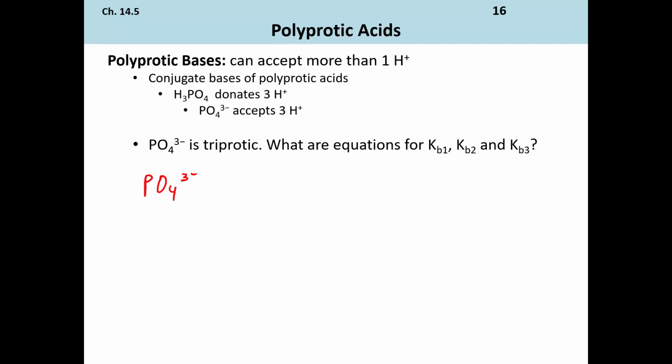Okay. Write out the equation for PO4 3 minus gaining 1 H plus. Okay. Where does it get that? And what is that equation? So PO4 3 minus is a base. Write out the equation for it, the first ionization reaction, the first accepting of H plus.